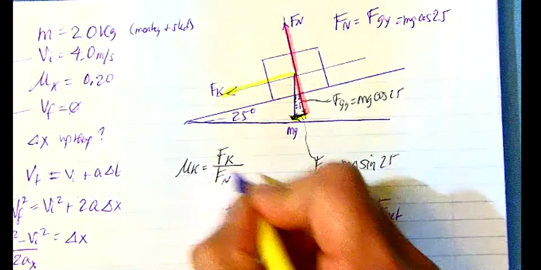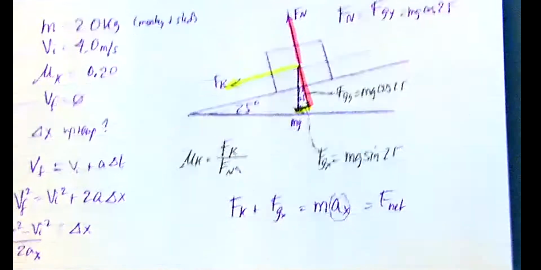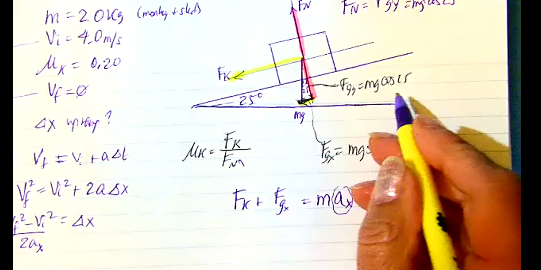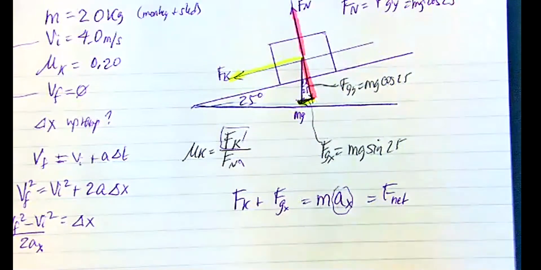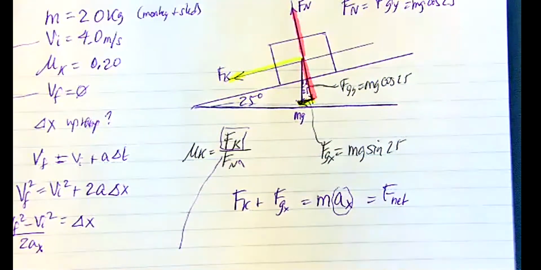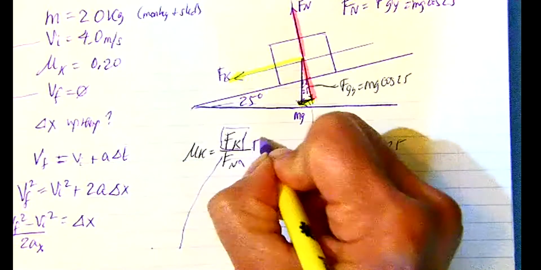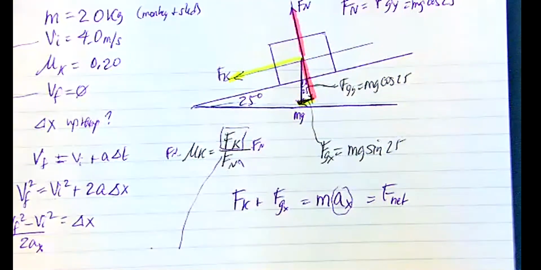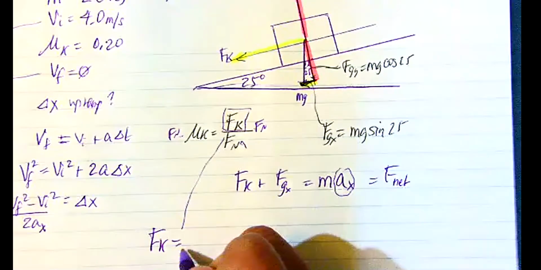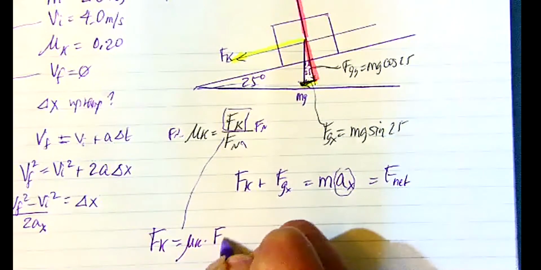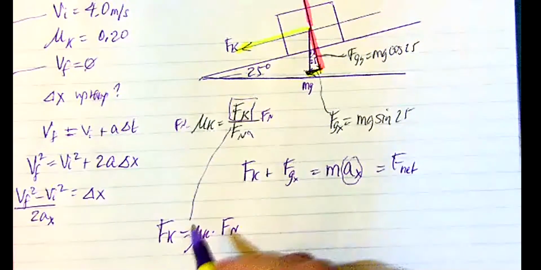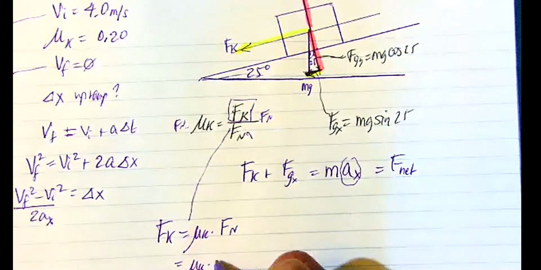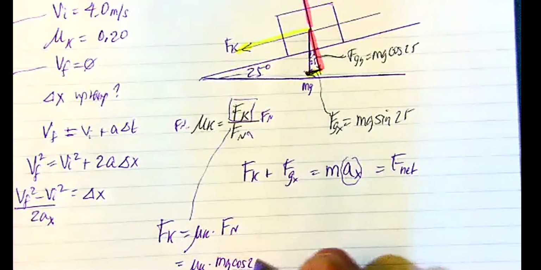Now we know what this guy is because we just figured it out. We know what mu sub k is, so now we can determine what F sub k is. Let me bring this down over here. I multiply Fn to both sides, so my kinetic friction is equal to mu sub k times Fn. We already determined that Fn is mg cosine 25, so that's mu sub k times mg cosine of 25.